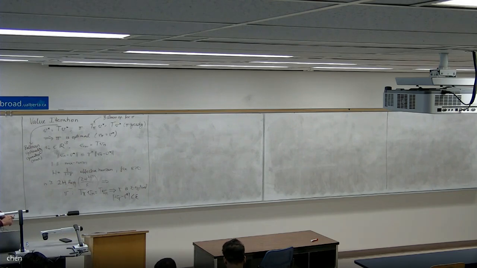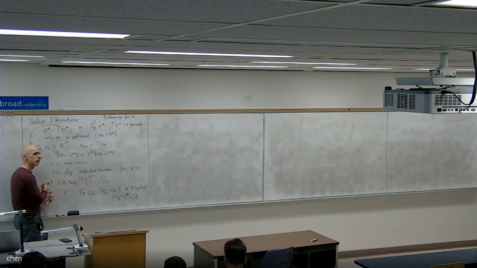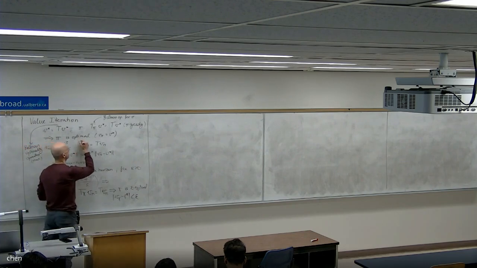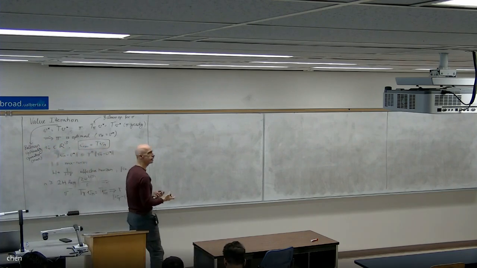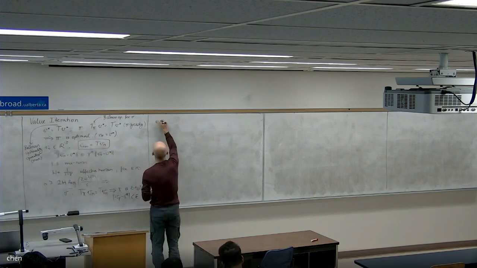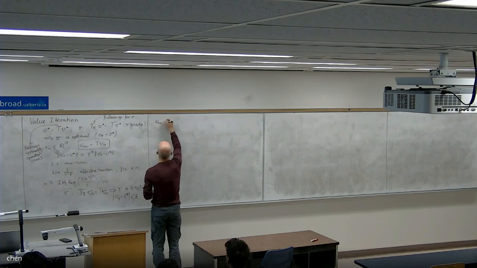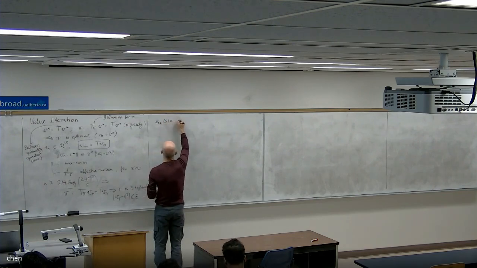The total effort that is required by this procedure to calculate such an epsilon optimal hypothesis is going to be the iteration number times how much it costs to perform one iteration. So to see how much that costs, let's write in detail what this calculation looks like.